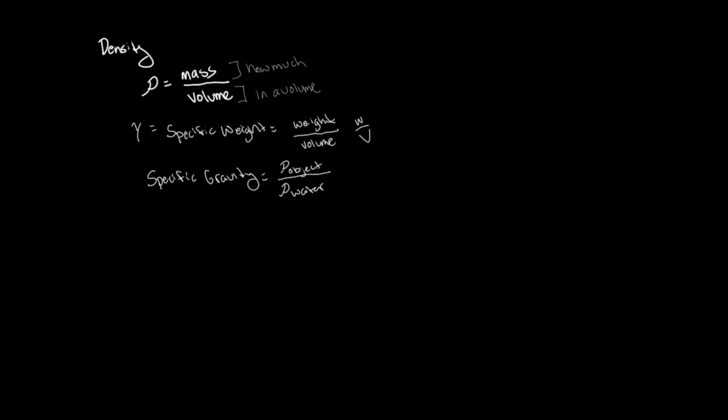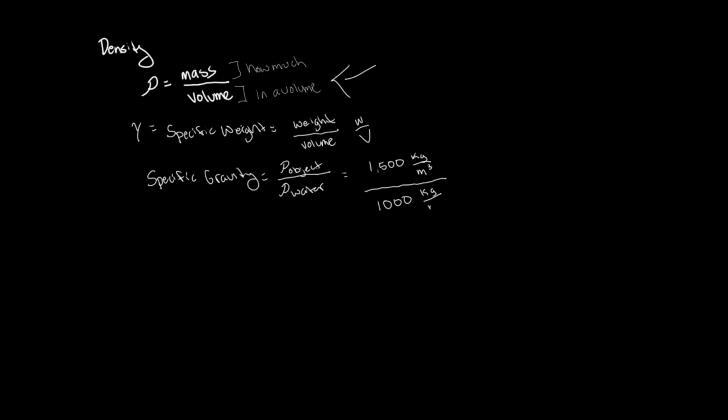And let me explain. Up here we have a mass divided by a volume to reach density, right? So let's imagine the density of our object is 1,500 kilograms per meter cubed. And let's imagine that the density of water is 1,000 kilograms per cubic meter, which is an actual density of water.